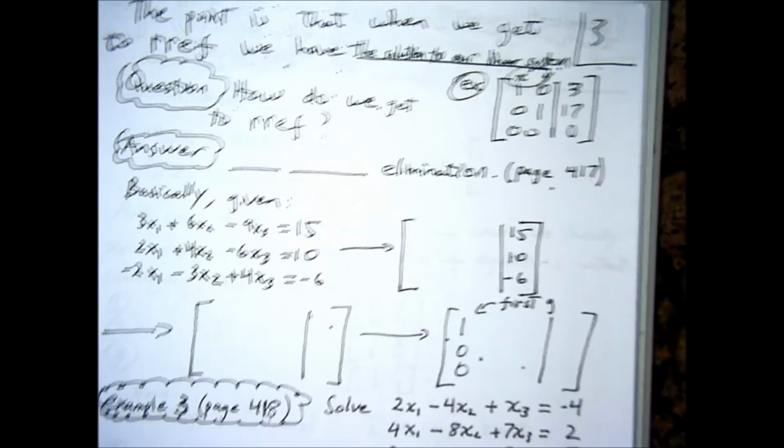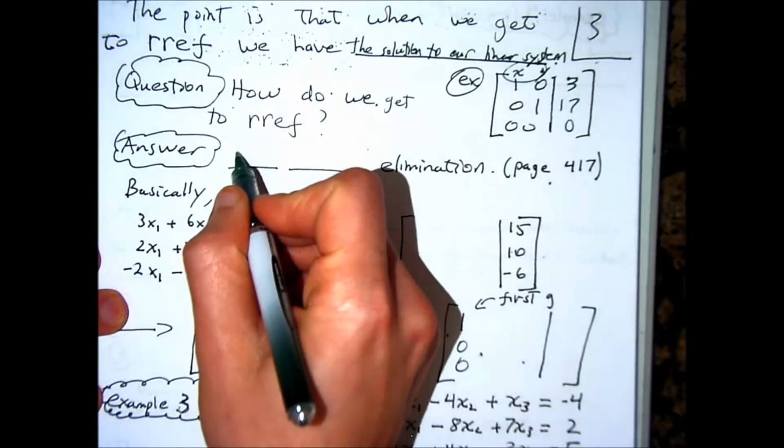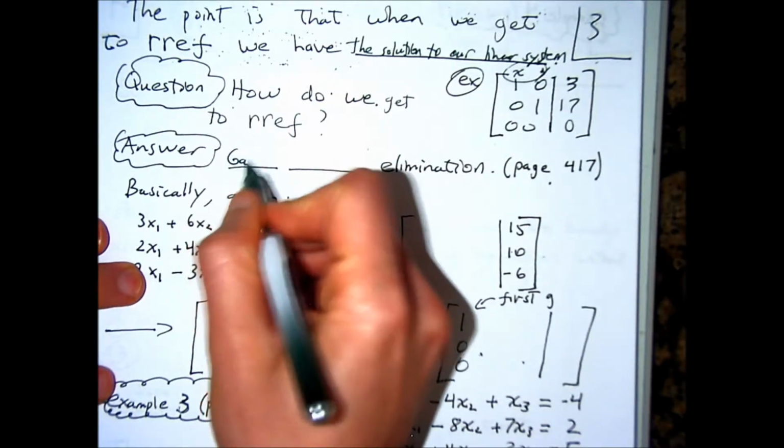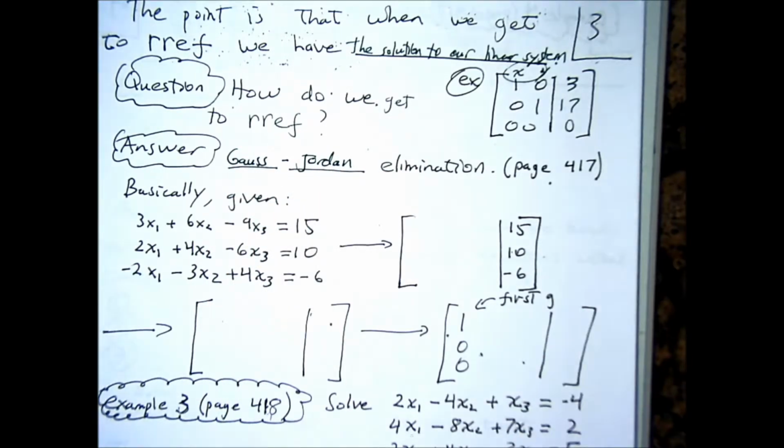Now, how do we get into reduced row echelon form? The method of how you do this is called Gauss-Jordan elimination, and this is on page 417. Gauss is considered by many to be the greatest mathematician of all time. He's the king of mathematicians. There are all these ways of praising him and talking about how smart he was, and he was very smart. There are stories of him being 5 or 6 years old.